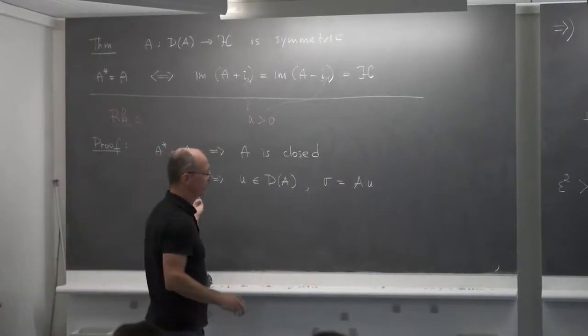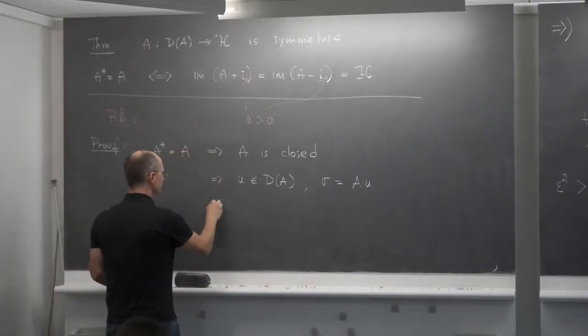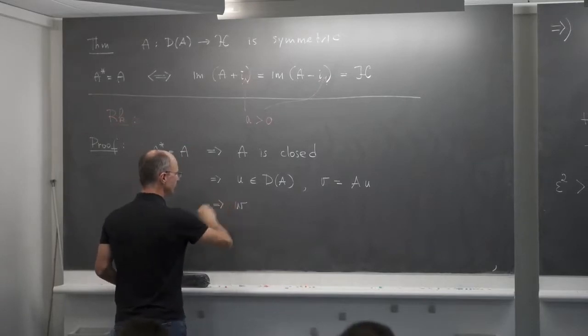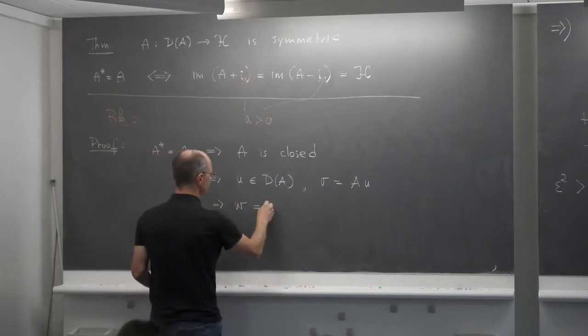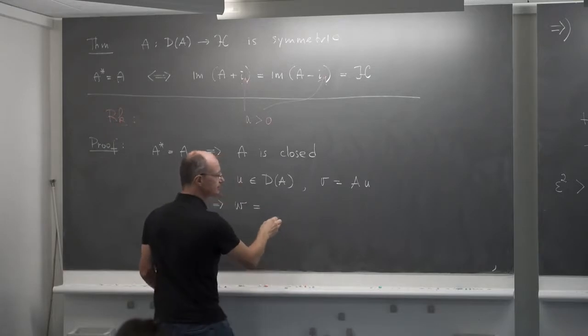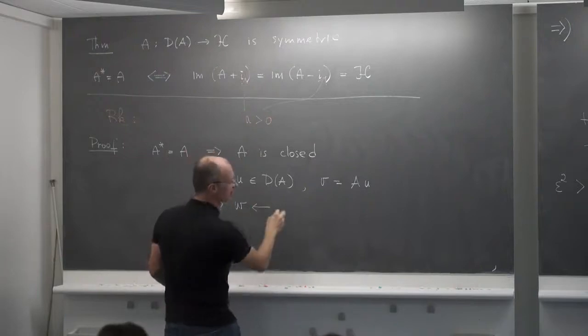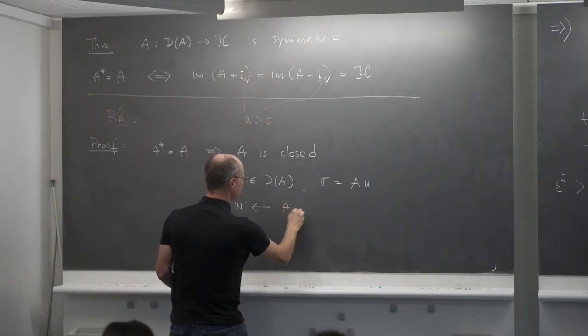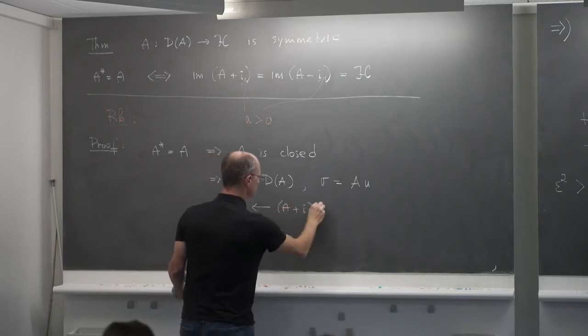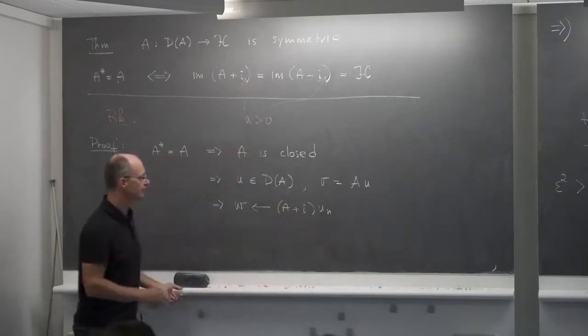Now, if this is the case, then let's re-examine what our W is. So W is the limit of the sequence (A plus I)UN.